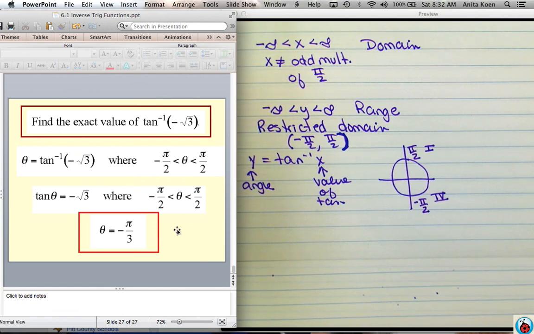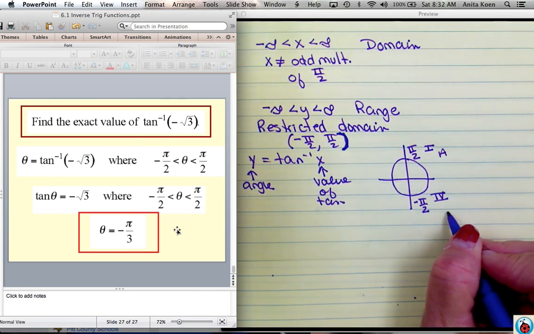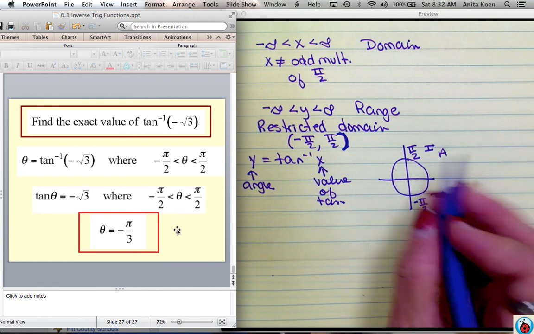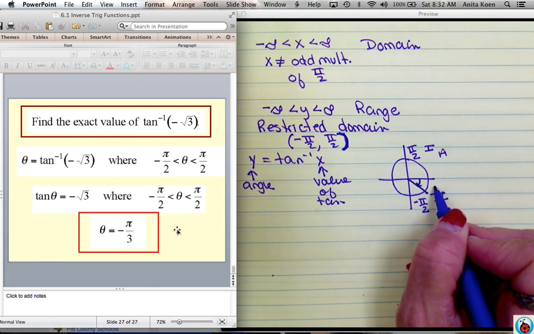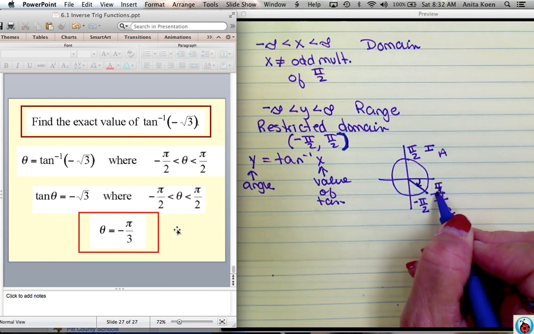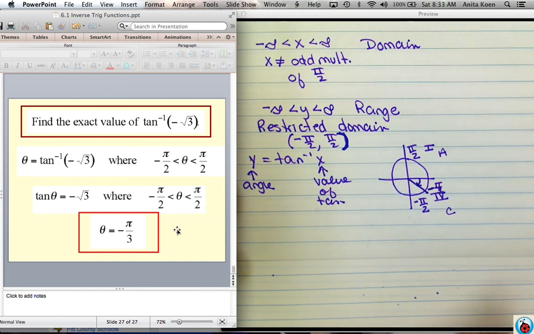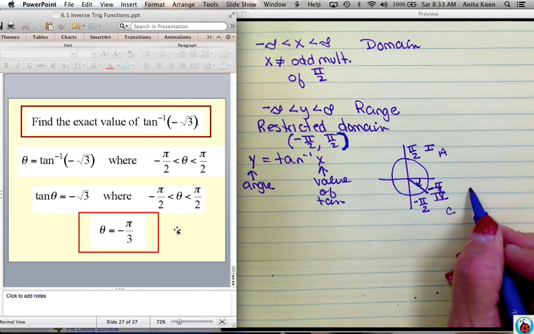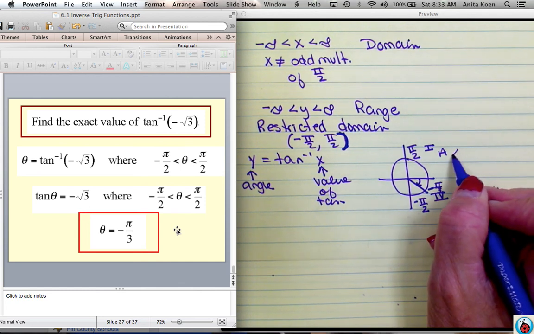So if I'm looking for an angle who has a tangent of negative square root of 3, I know it's not in quadrant 1 because all trig functions are positive. It has to be in quadrant 4. And remember, just like with the sine in quadrant 4, we're going to be looking for negative angles. So this is negative pi over 3. My angles here are negative. My angles here are positive.